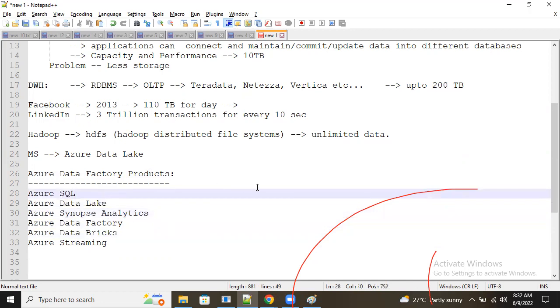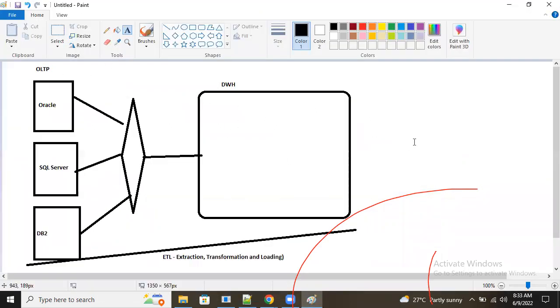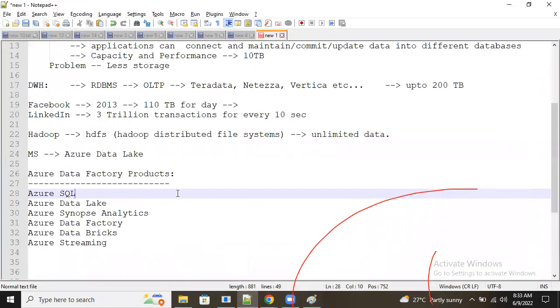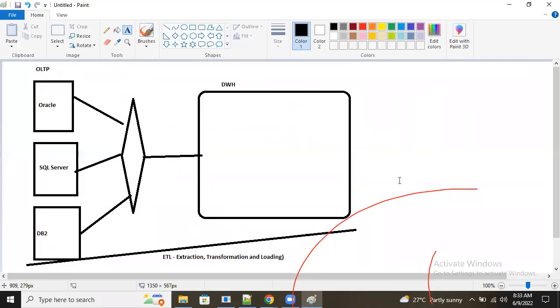What do you mean by Azure SQL and where can it fit into this total ETL process? Azure SQL is the place where we write the queries to pull out the data, to extract the data. Let us correlate this with the traditional ETL process.